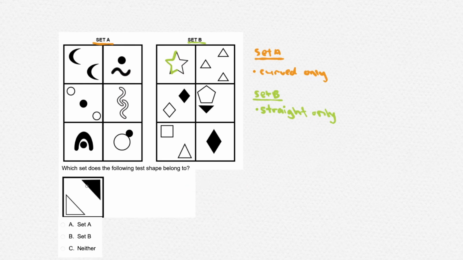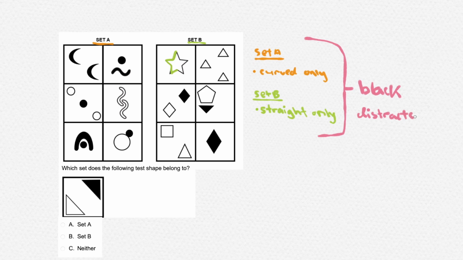Now, on to the next question. This test shape has two shapes, and we know that there is one white shape and one black shape. However, in some sets, there may always be a distractor. In this case, black colored shapes are distractors.